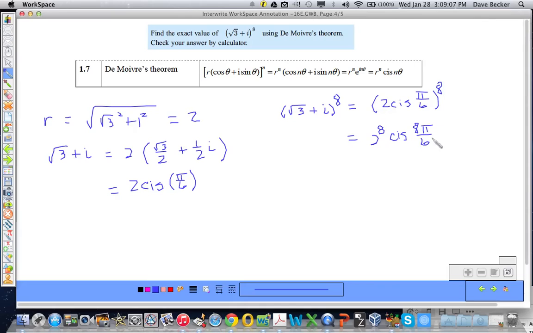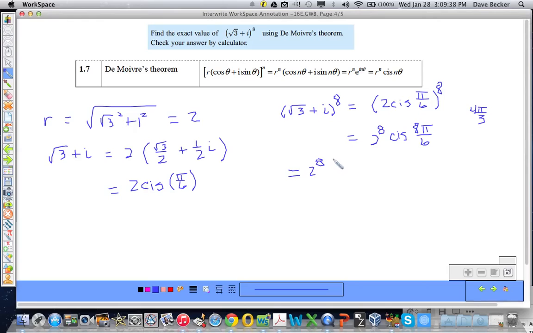And if this part confuses you, remember what I said earlier in this video. Properties of cis tell us that if I have cis pi over 6 times cis pi over 6 times cis pi over 6, I just add them all up. And so then this becomes 2 to the 8th, and 8 pi over 6 is equivalent to 4 pi over 3. So you better be thinking what's the cosine and sine of 4 pi over 3.